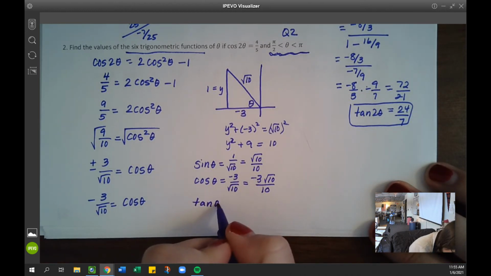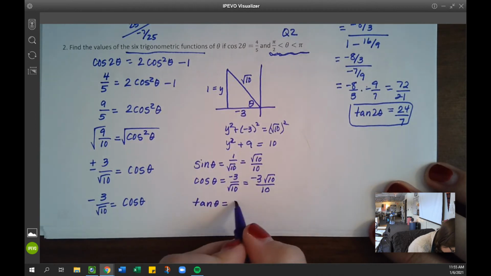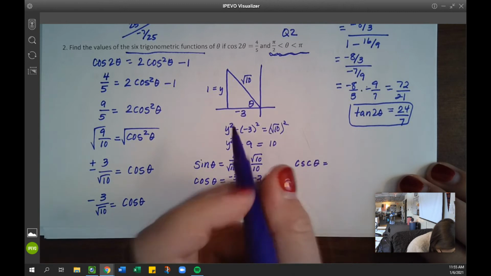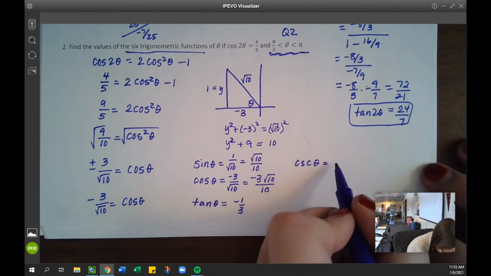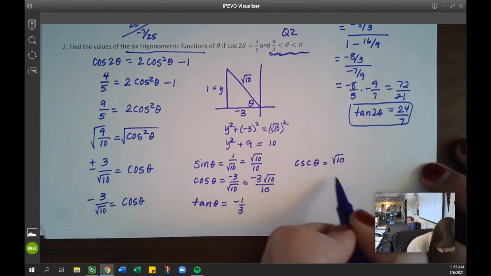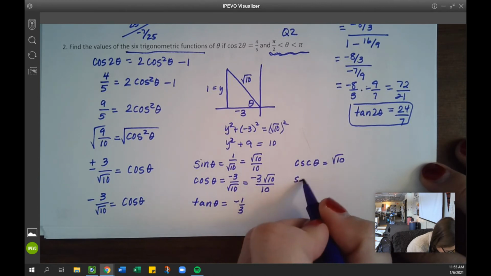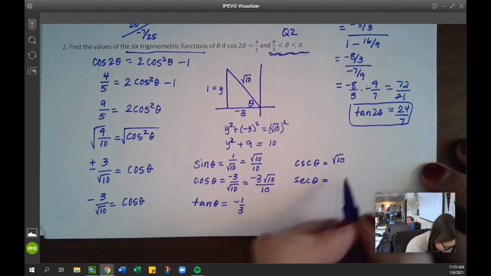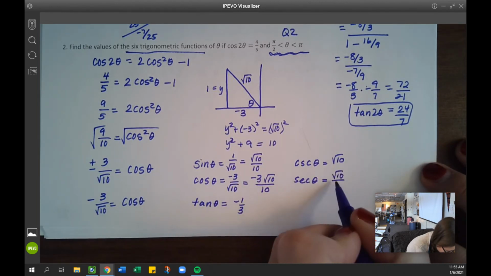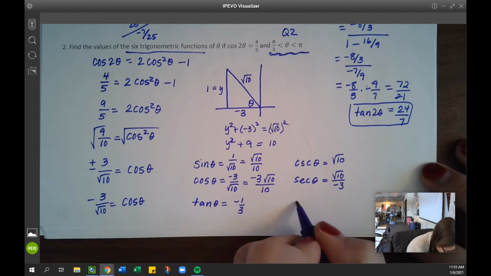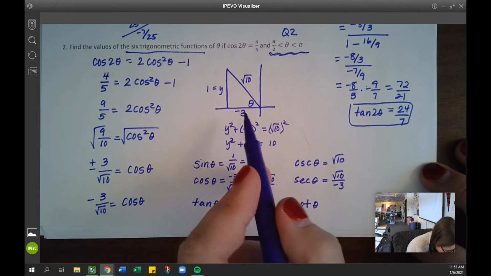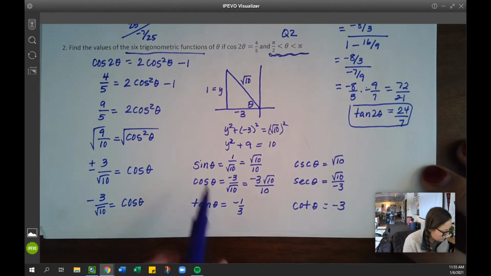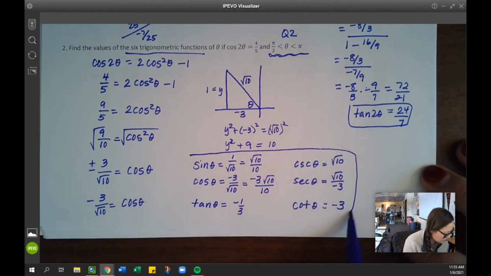Tangent, opposite over adjacent, negative 1/3. Cosecant, hypotenuse over opposite, square root of 10 over 1 is just square root of 10. Secant is hypotenuse over adjacent, so square root of 10 over negative 3. Cotangent, adjacent over opposite, so we just have negative 3. So there are my final answers there.